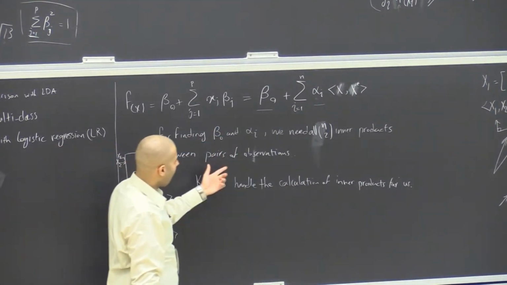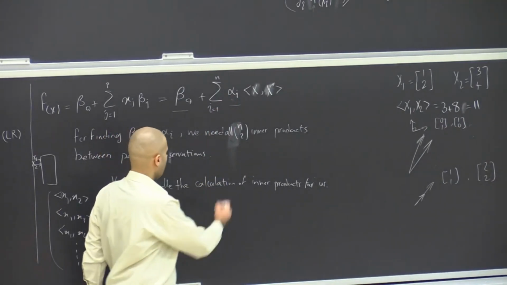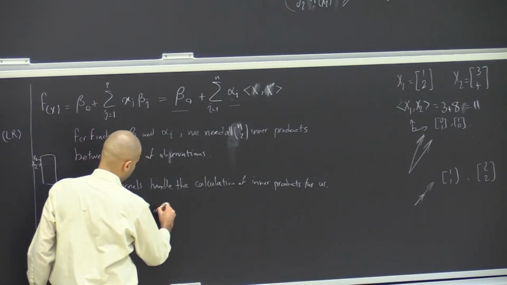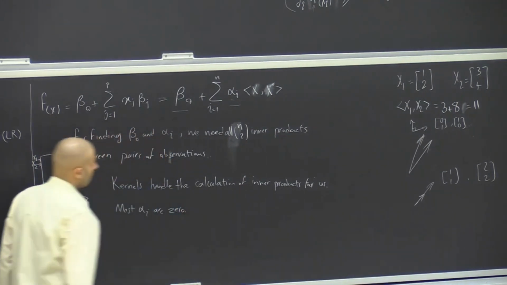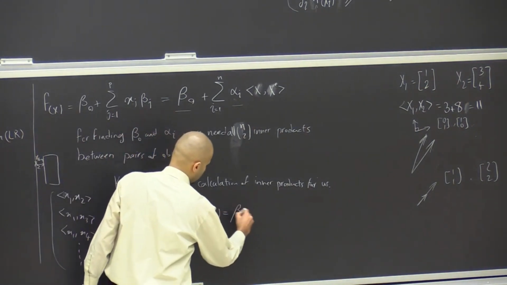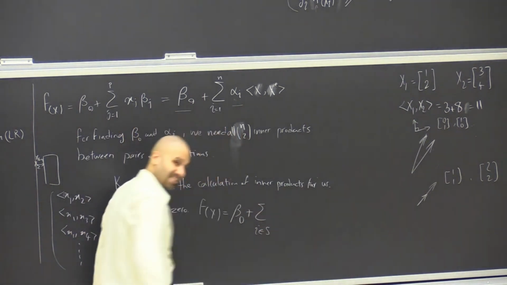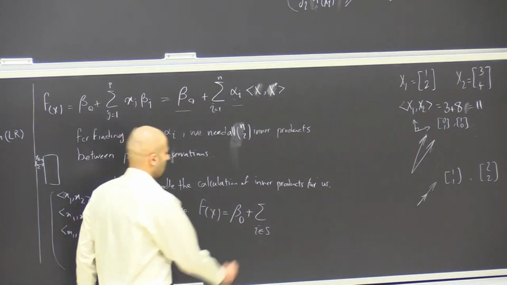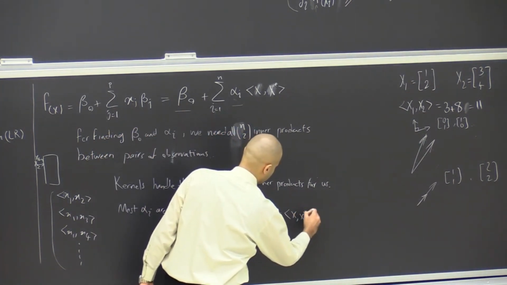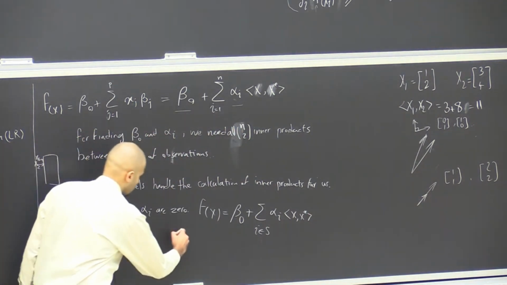So the thing is, after estimating these, actually, most of these alphas will be 0. Most alpha i's are 0. Therefore, f of x can be represented as beta 0 plus the sum over i in S of alpha i times the inner product of x and x_i.